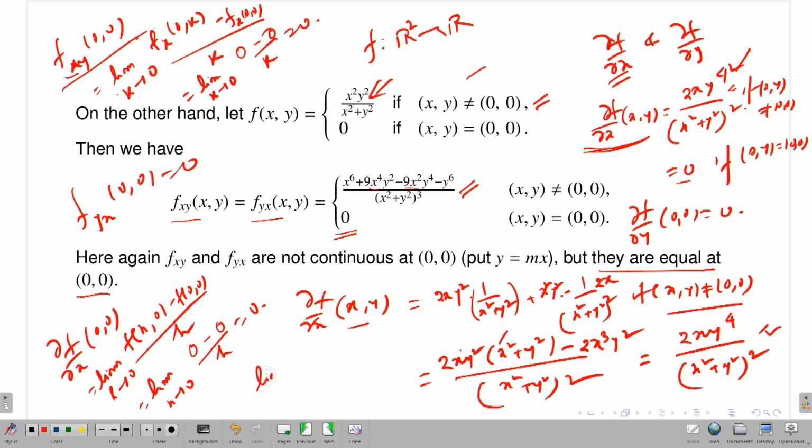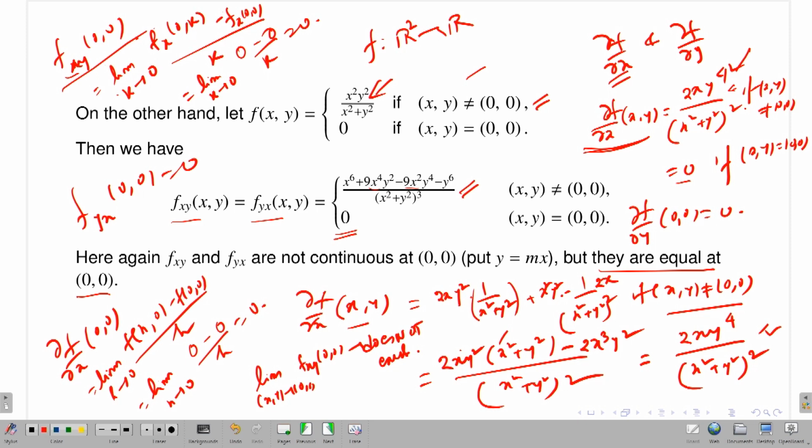So that means the limit as (x,y) approaches (0,0) of f(x,y) at (0,0) does not exist. Just now I explained this in my last slides. You come to the origin through the path y is equal to mx, so you get a function of m, and that function varies for different values of m.